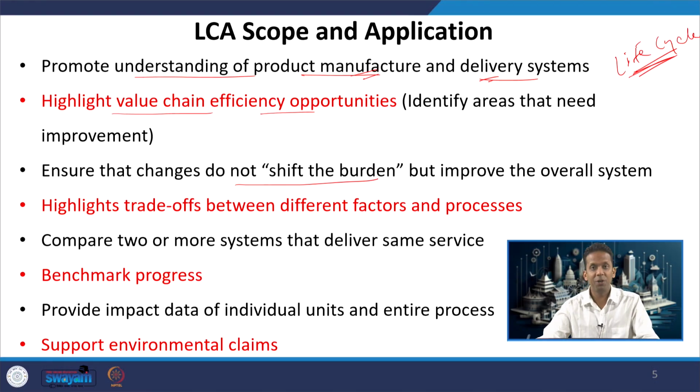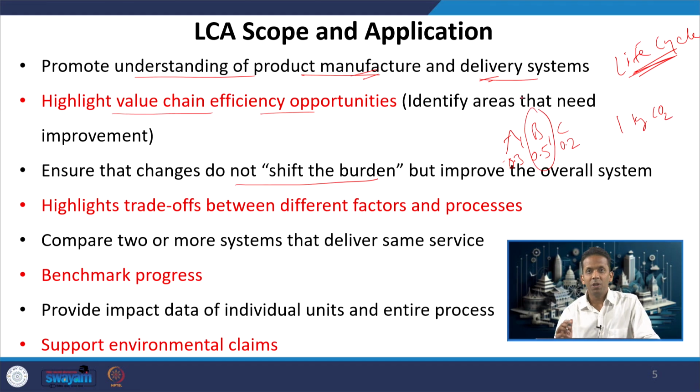This is a very important point. Let us say there are three processes in a system, A, B and C, and the total system's emission is 1 kg CO2, where A contributes 0.3, B contributes 0.5 and C contributes 0.2. Now, we know that the contribution of process B is high.